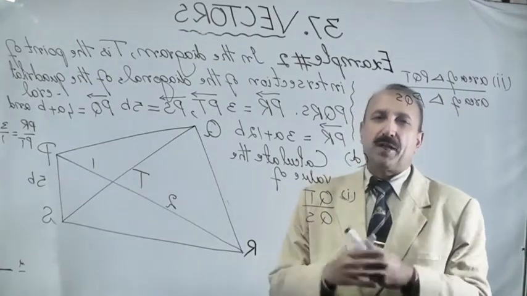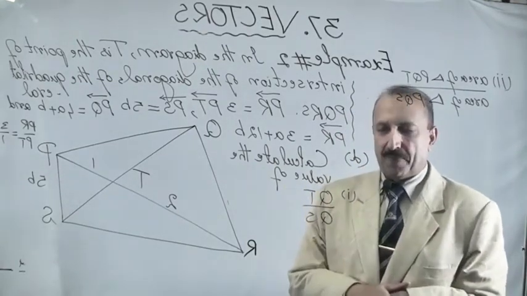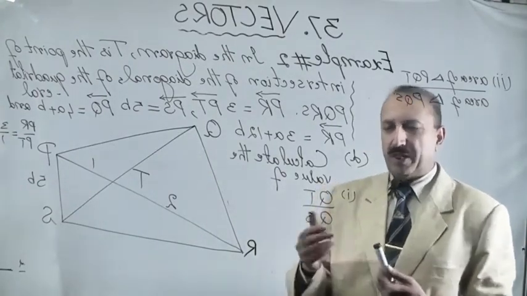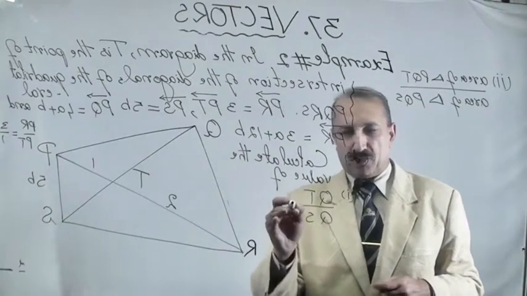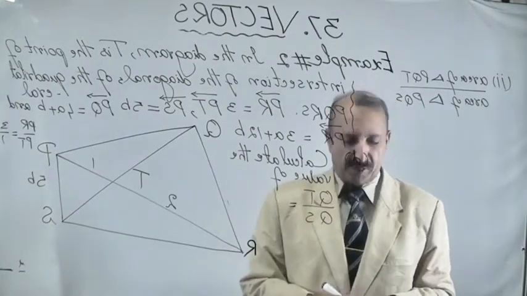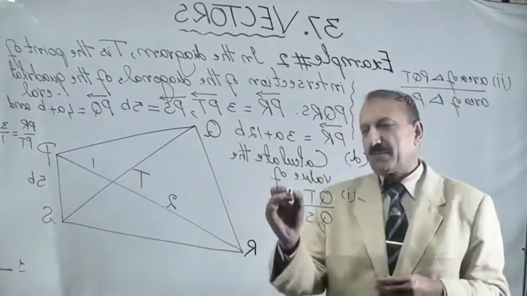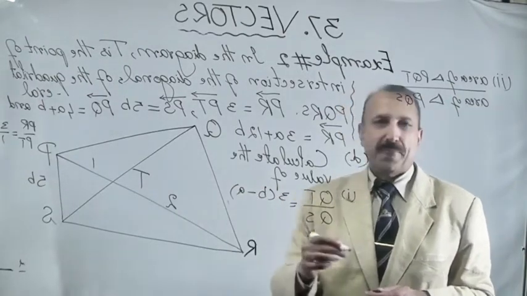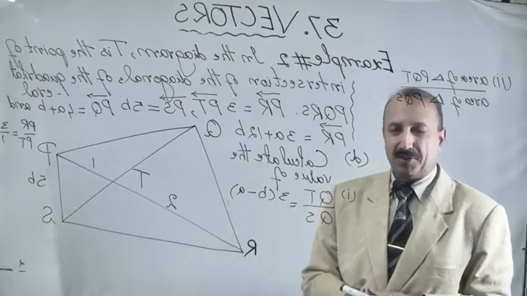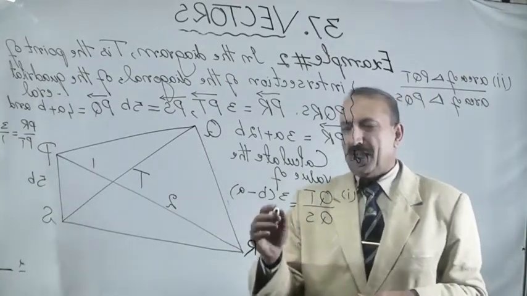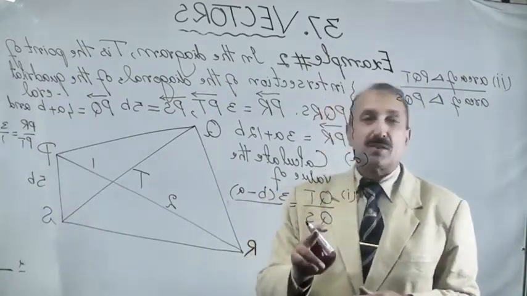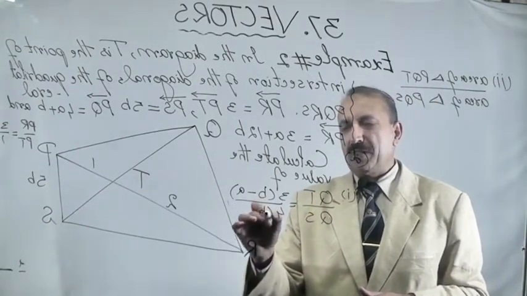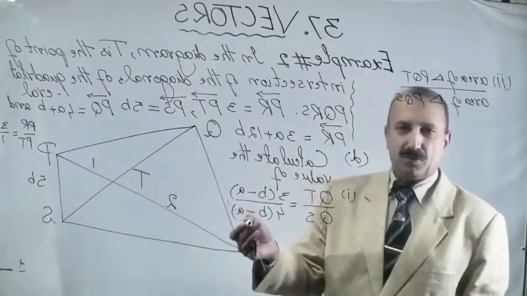Whenever we need to find the ratio of any two vectors, we are supposed to write them and simplify them. We have found QT and QS, and we just need to put the values here. QT is given as 3 into B minus A. We found that in part number B, and the value of QS we found in part number C, that was 4 into B minus A. This is the vector value.